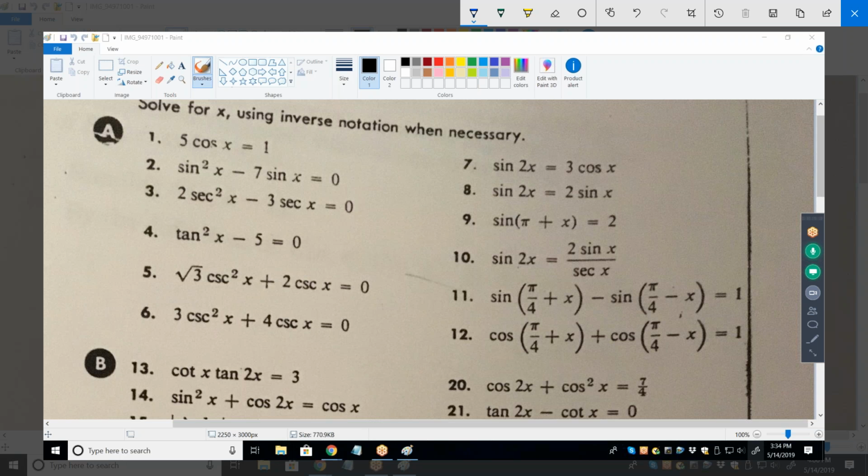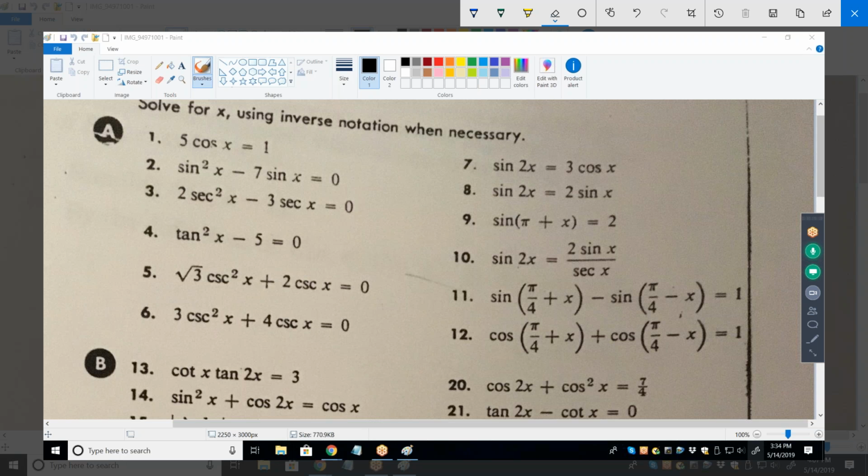All right, the next one. I'm not going to go to the sum to product or product to sum unless I absolutely have to. I could use sum to product with that, and I could use it with that. But sum to product is very complicated, and I'm thinking the algebra's got to be easier if I just use the sum and difference formulas.